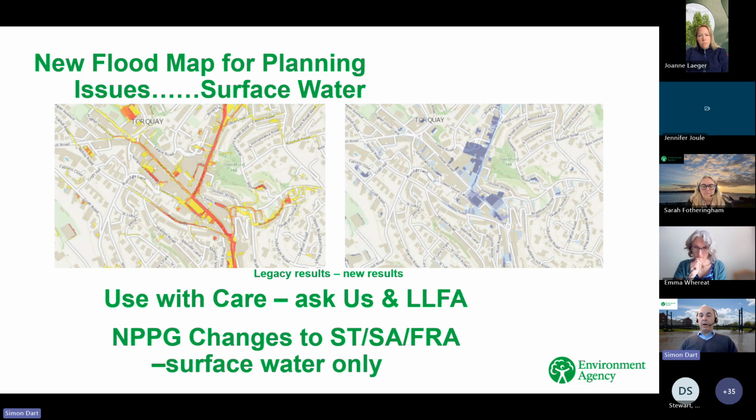Obviously it has to be shown by the flood risk assessments, and we can provide you with a briefing note on that and discuss it further, but it is a significant change from the previous one. And also, to make it clear, it's only surface water. It is not fluvial, tidal, coastal, or the other sources like surface sewer or groundwater.